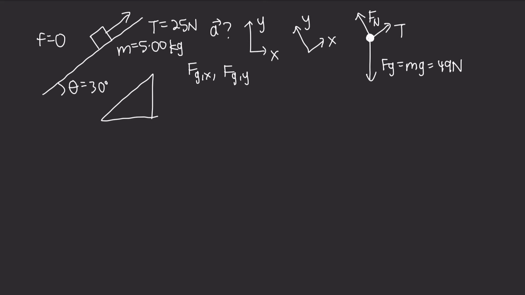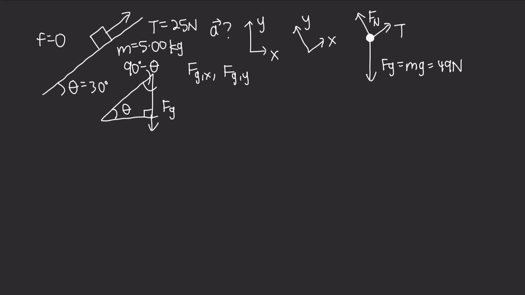So we have theta over here, and then this is our force of gravity pointing downwards. And this means that this angle over here is 90 degrees minus theta, because this is a right triangle. We already have 90 degrees here, and a triangle has to add up to 180 degrees.